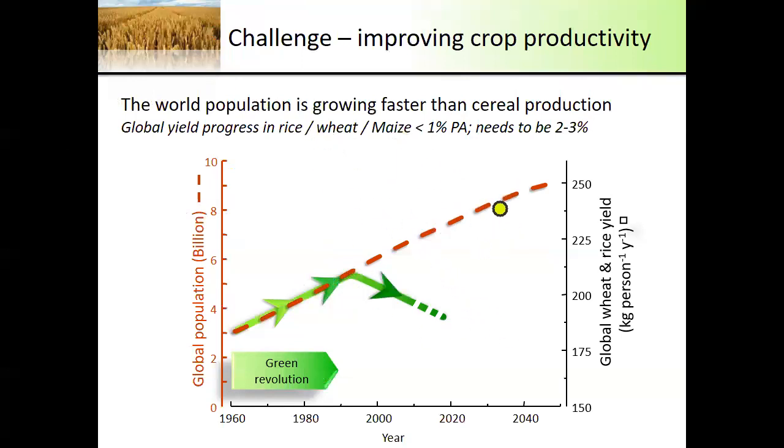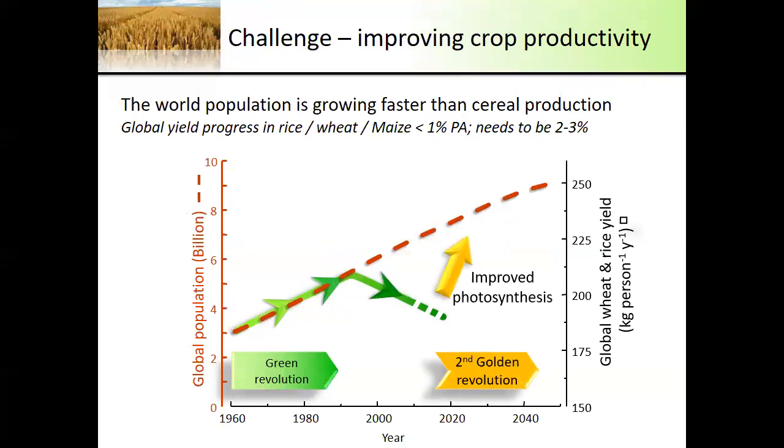To reach this target, it needs to be up near 2 to 3%. Therefore, we need a step change in the capacity of plant productivity. A number of years ago, it was proposed that this can be done by improving photosynthesis, to help reach those targets.